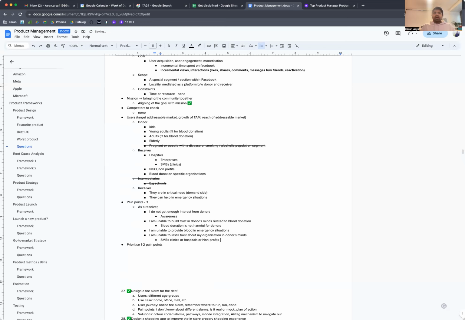We need to make sure that these people are able to build confidence when it comes to donors' mindsets. Okay, and I think that should be a good list of pain points.